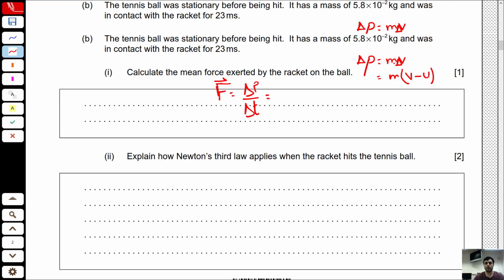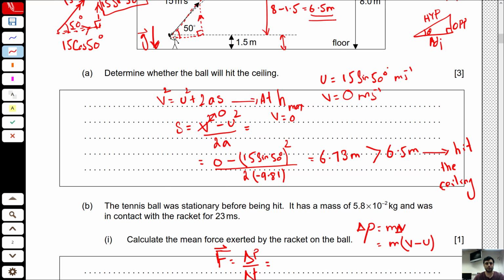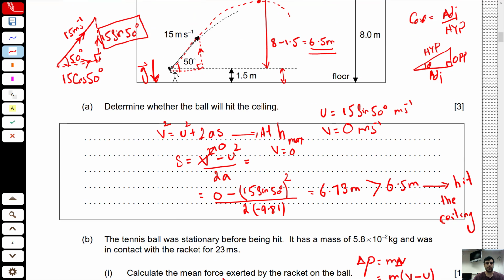For our case, from the previous result, the moment right after the ball gains impulse and momentum, it achieves a velocity of 15 meters per second, but initially it was stationary. The tennis ball was stationary before being hit.